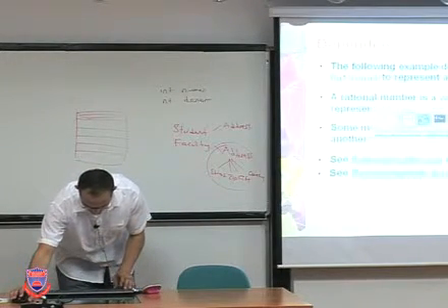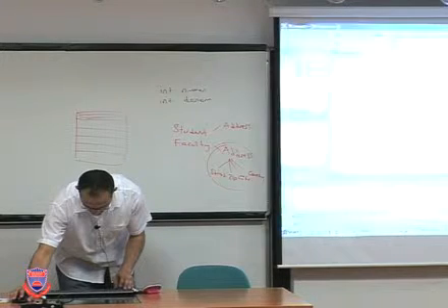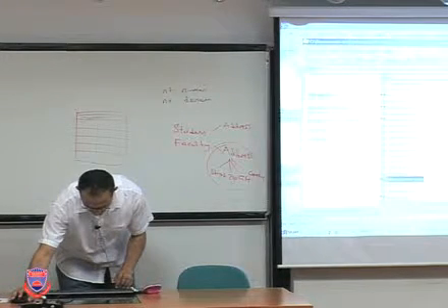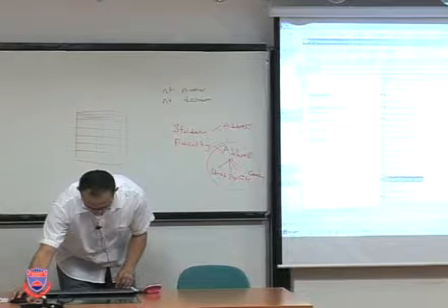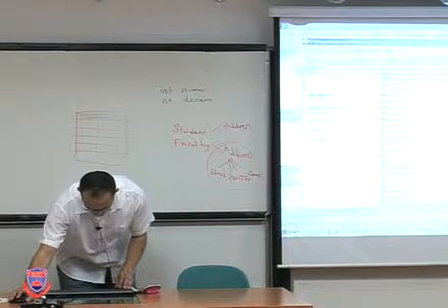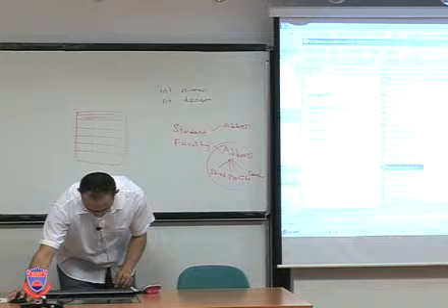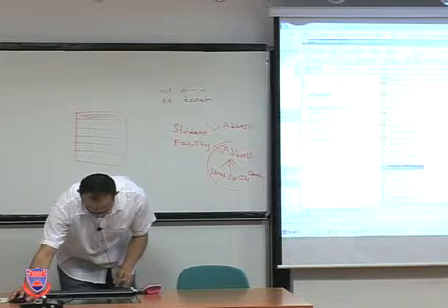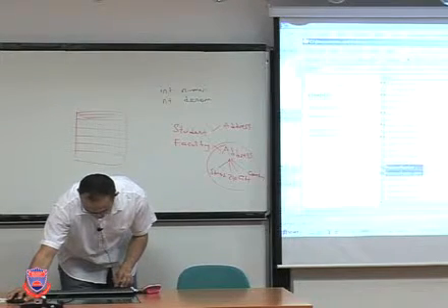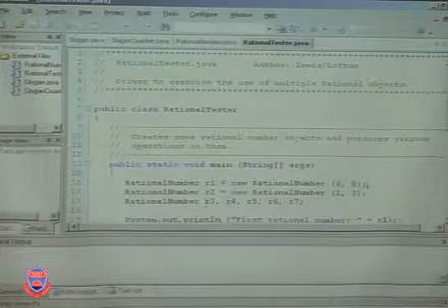So let's see those. RationalNumber.java, and then the other one was RationalTester.